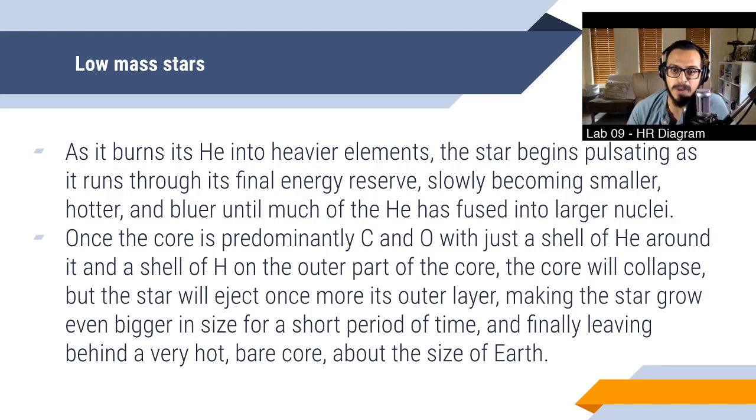Once the core is predominantly carbon and oxygen with just a shell of helium around it, and the shell of hydrogen on the outer part of the core, the core will collapse, but the star will eject once more its outer layer, making the star grow even bigger in size for a short period of time, and finally leaving behind a very hot, bare core about the size of Earth.